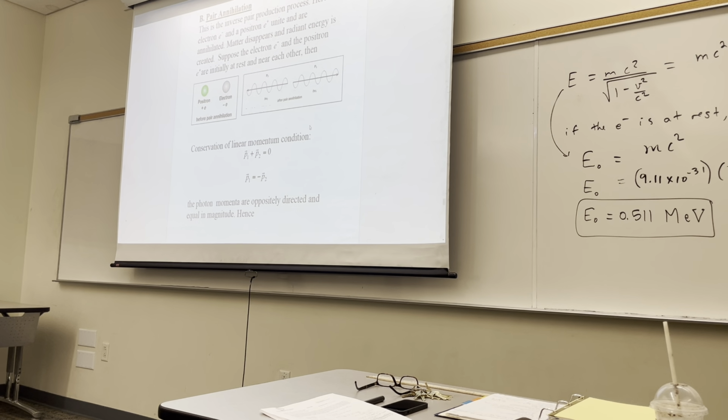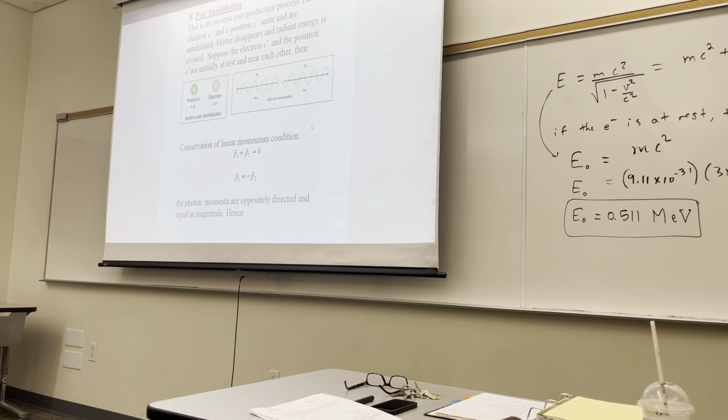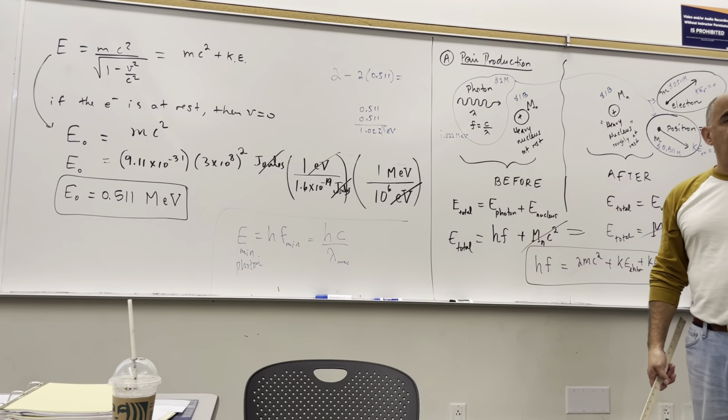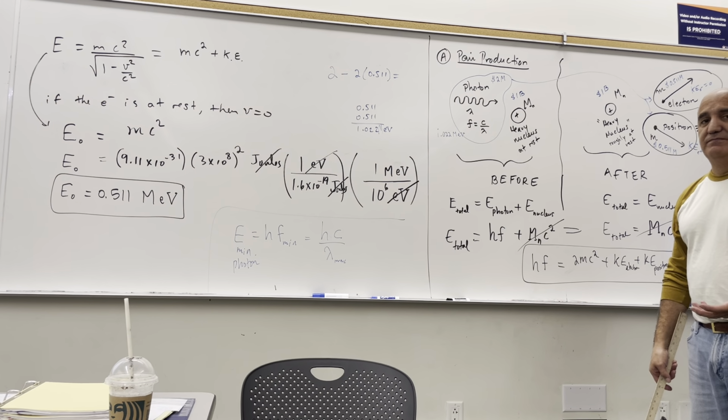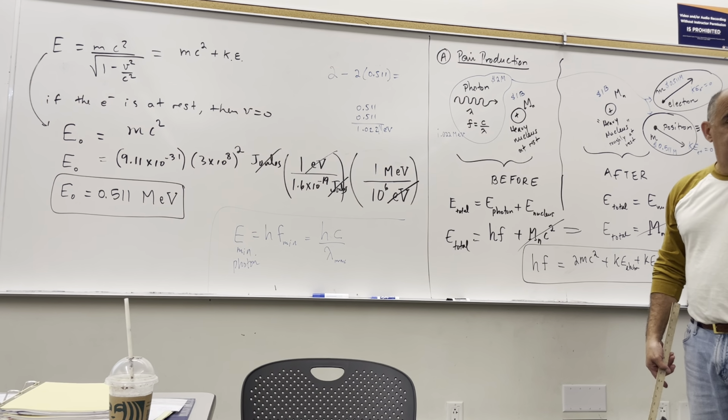Then you look up the mass of the proton, which will be the same as the mass of the antiproton, and then calculate this energy, and then you just plug and chug. So this process over here is pair production. A pair of material particles are produced out of pure radiant energy, like magic.